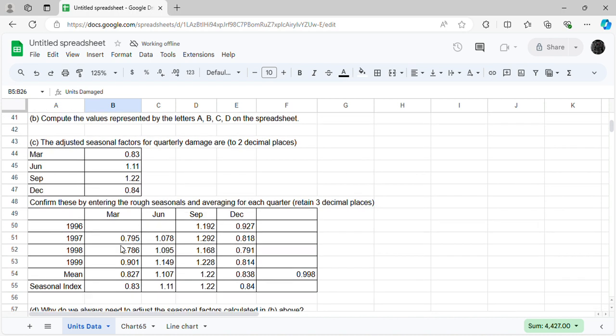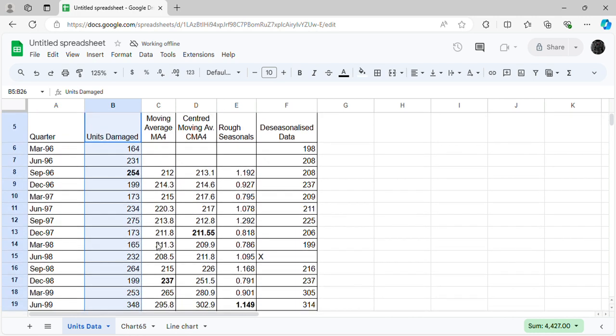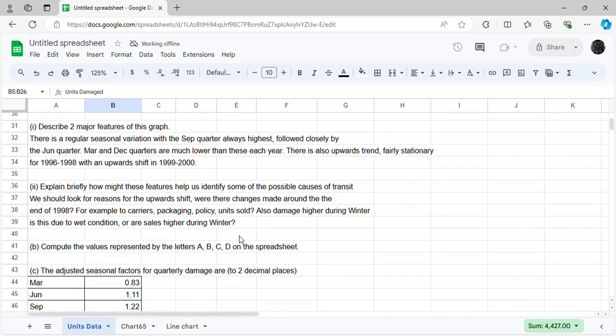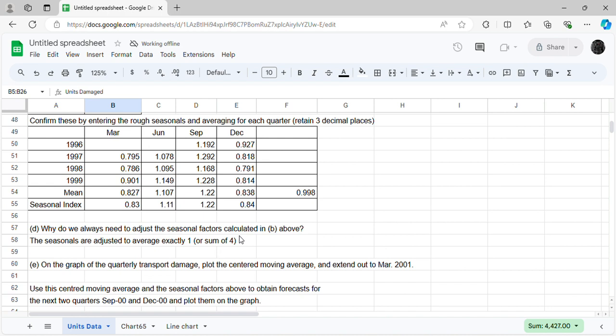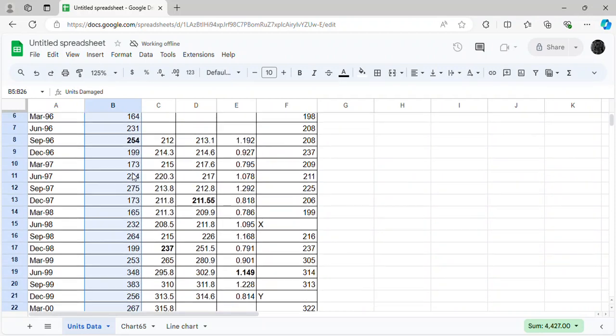And for 1997, we fill the values for March, June, September, December. And for 1998, we fill in the rough seasonal values for March, June, September, December.